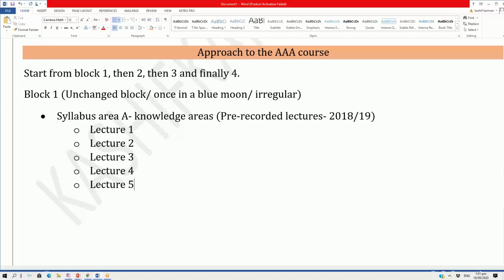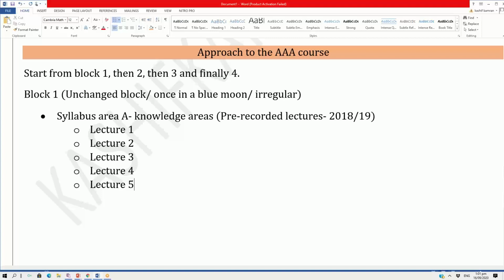By the time you finish block 1, the 5 lectures, you will automatically have got many lectures of block 2. By the time you finish those, you will be getting more lectures of block 2, then block 3, then block 4. So there will not be any bottleneck, because I will be starting to record these lectures as of now, which is very latest, and I keep sharing them with you.